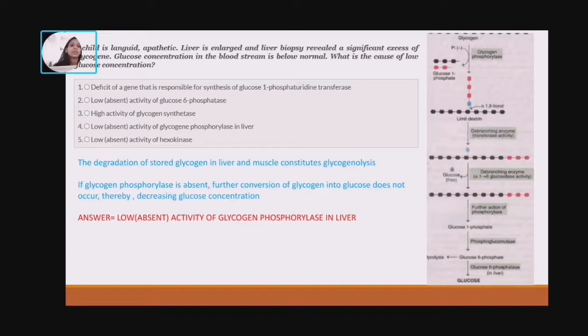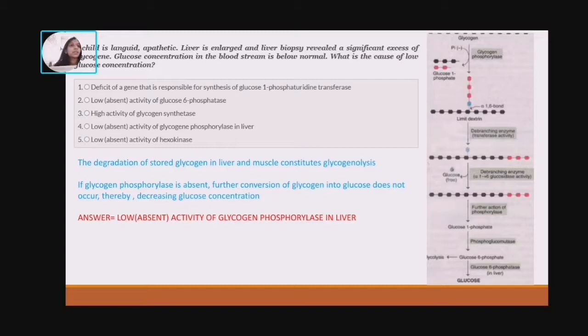This happens with the help of an enzyme called glycogen phosphorylase. To the right side of this video you can see a chart showing the conversion. Glycogen is converted into limit dextrin and the following compounds with the help of glycogen phosphorylase from the beginning, right? If this enzyme is deficient, glycogen is not converted into glucose.